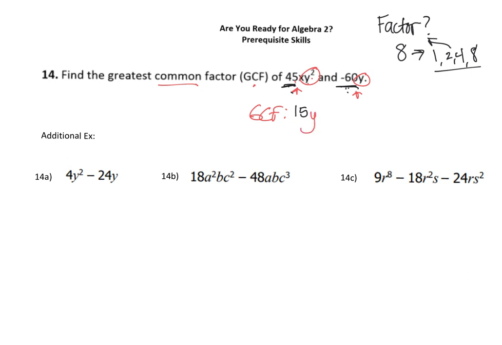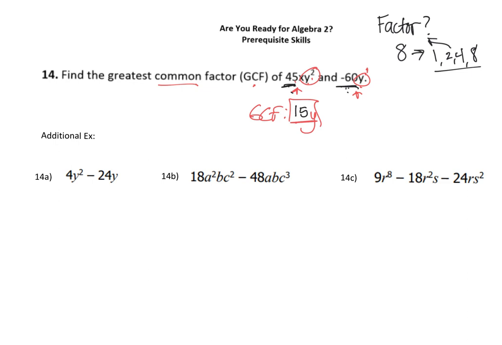How many can I take? Well, if he has 2 and he has 1, they have to give the same amount each. They're limited by who has the smaller amount. So 1 limits it. I can only take out 1 y. So 15y, this is just asking me for the greatest common factor. That is the greatest common factor, 15y. It's all that they have. It's the greatest amount that they have in common.